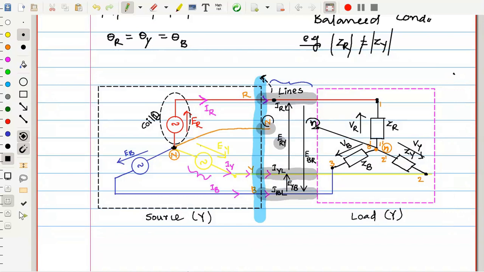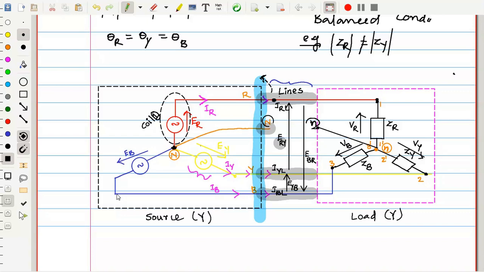Let us assume that all are balanced, both source and load. Next is one more important configuration: there may be a neutral connection, or there may not be any neutral connection, between the source and load. So this is the additional thing.